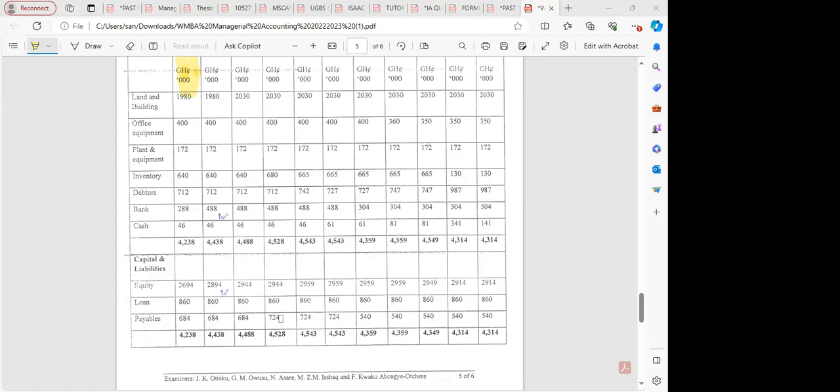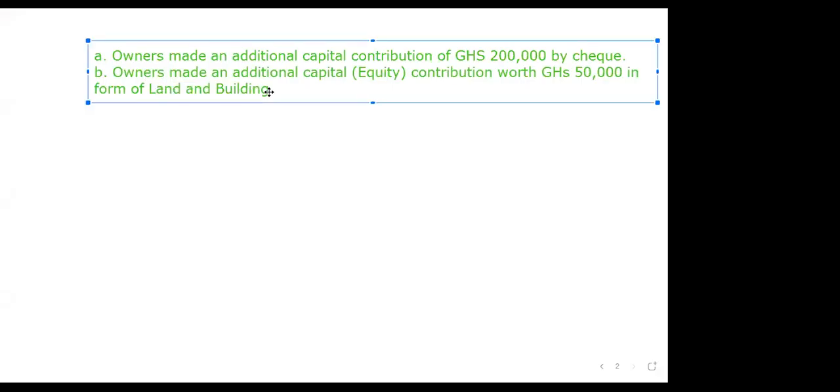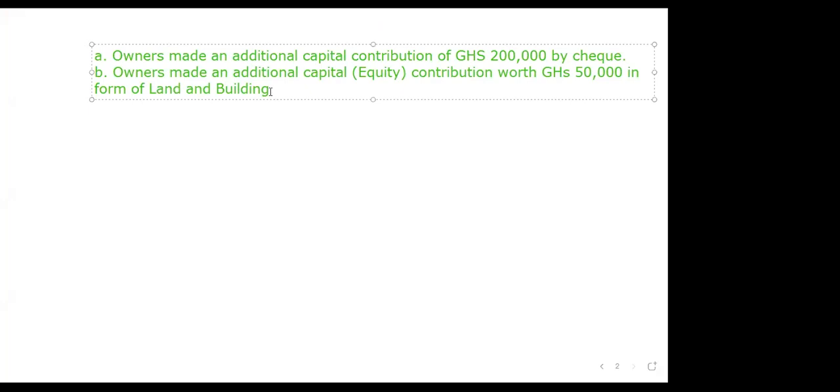Bought inventory, 40,000. So if we put our mind around it, it may suggest that we purchased inventory worth 40,000 on credit. Okay, so let me put that down.